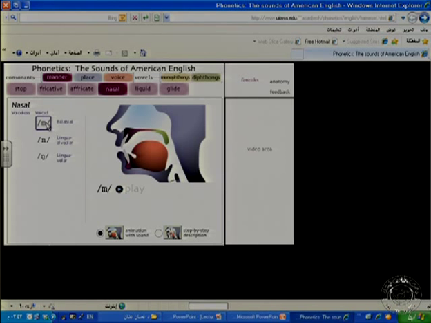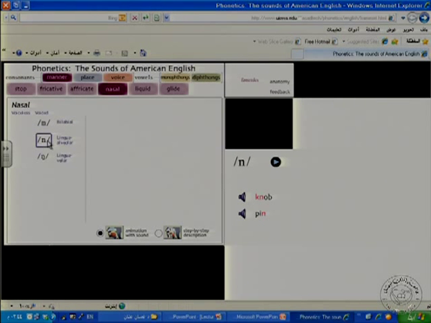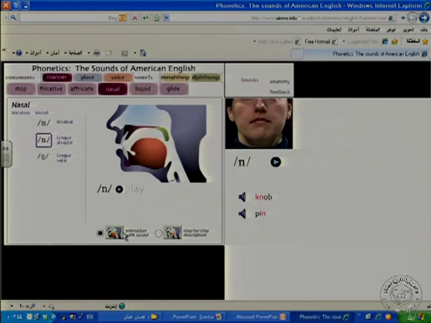Now again, go to nasal. Select, for example, n. See, n. Once it is closed, see the vocal cord here. See the vibration. The air goes out of the nose because there is a complete closure. If you see here, you can see also the sound n.